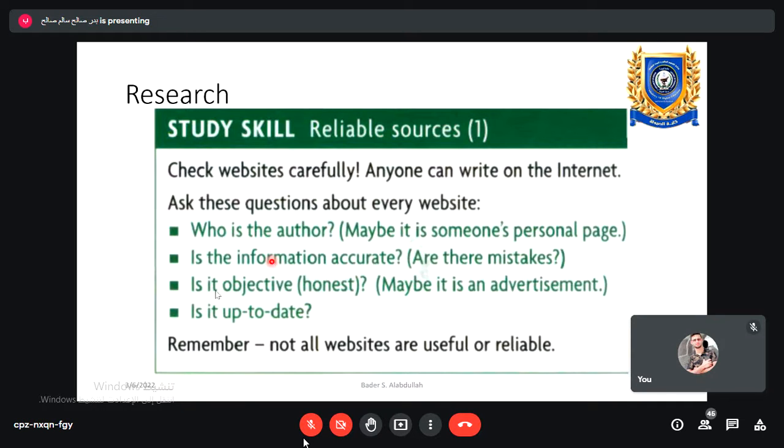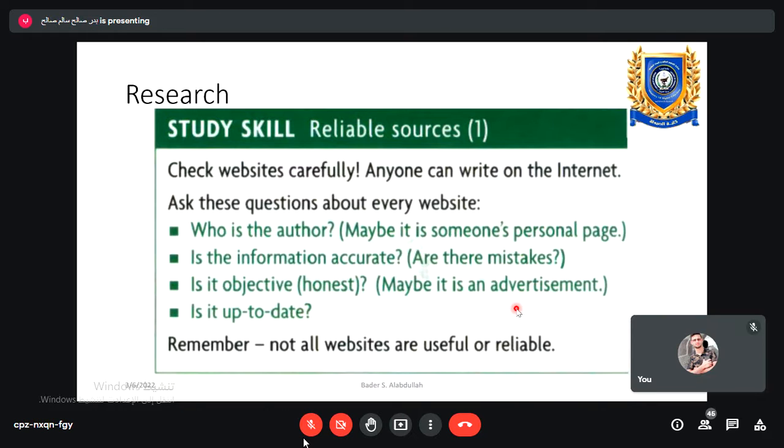Another question, is it objective or honest? Because some websites, like someone's personal page, are subjective, not objective. Maybe it is an advertisement for a company, as an example. Most of the time, these advertisements are not objective.